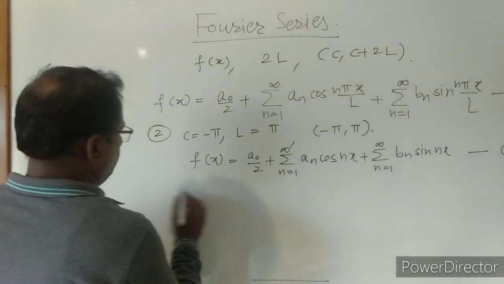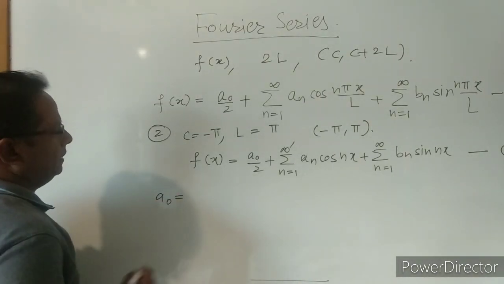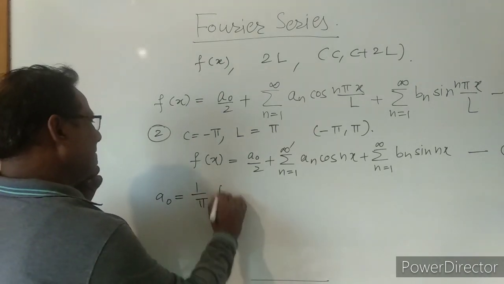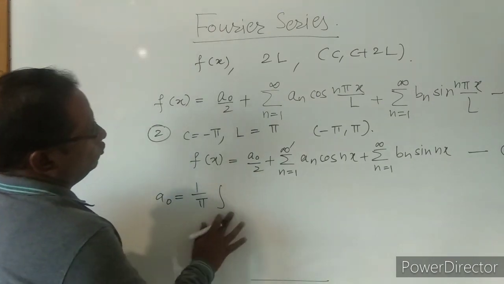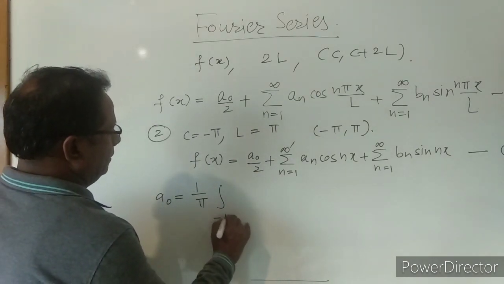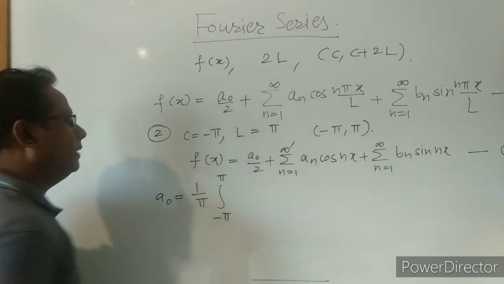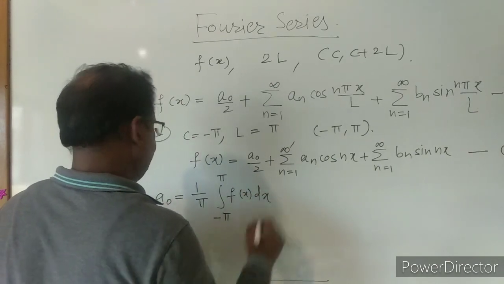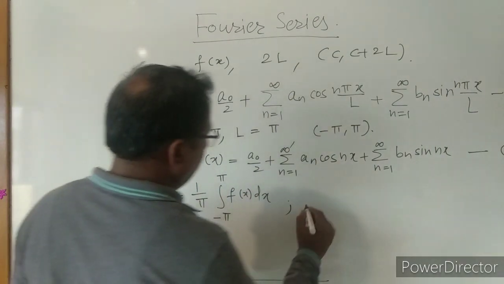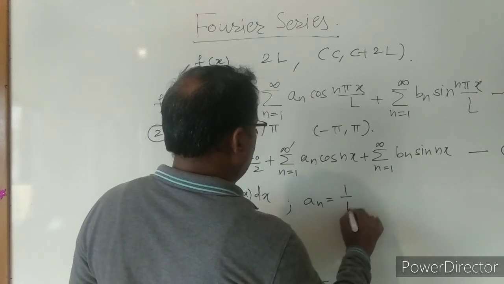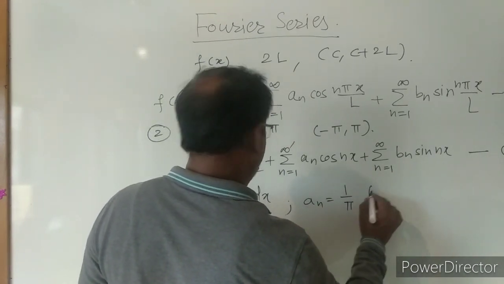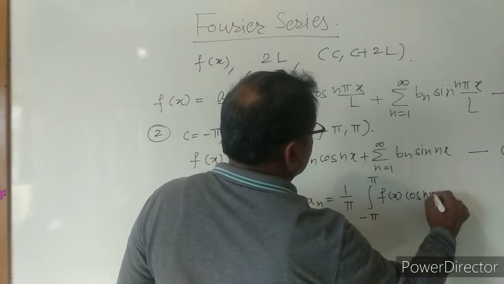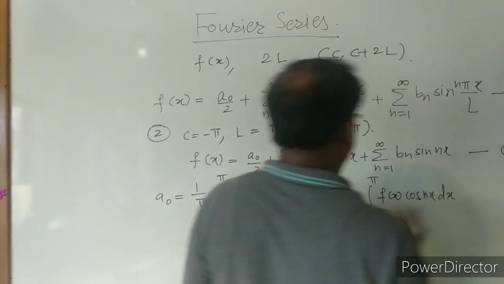And these coefficients a0, an and bn are given. a0 equals 1 upon L. L here is pi, so it is 1 upon pi, integral c to c plus 2L. So c is minus pi, 2L is 2 pi, so integral is minus pi to pi of f of x dx. Okay. And an is given by 1 upon pi integral minus pi to plus pi f of x into cos nx dx.